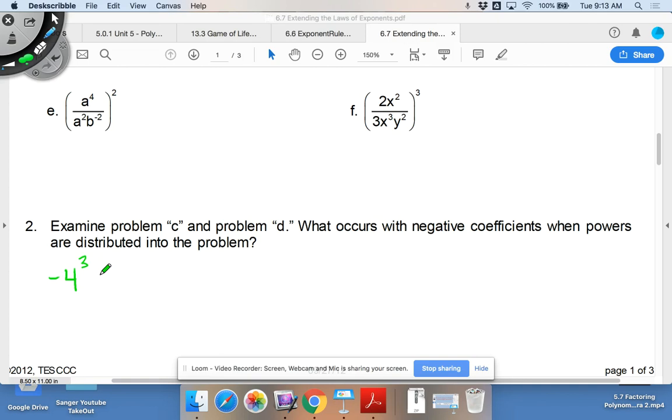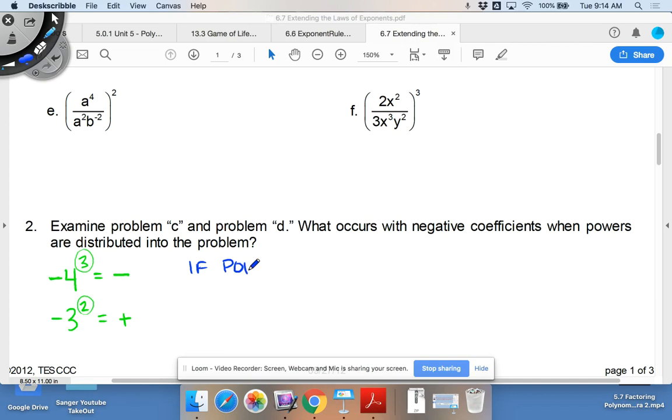But then in problem D, we had negative 3 squared. So what we're trying to get to is, if I have a negative number to a third power, the answer ended up being a negative number. If I have a negative to an even power, the answer ends up being positive. So we're going to write that.